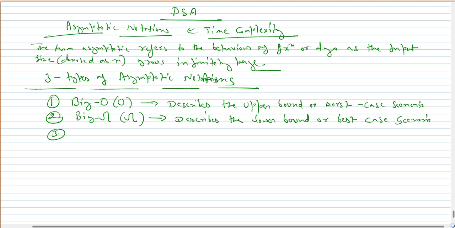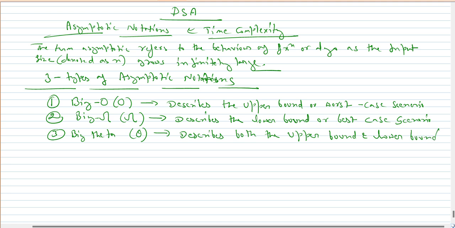And the third one is Big Theta, which describes both the upper bound and lower bound, representing the average case scenario.